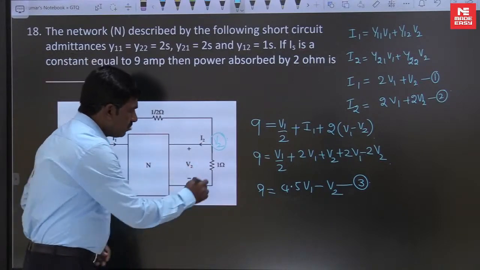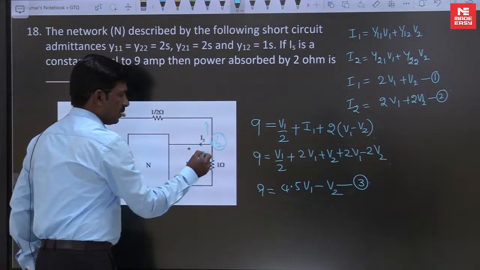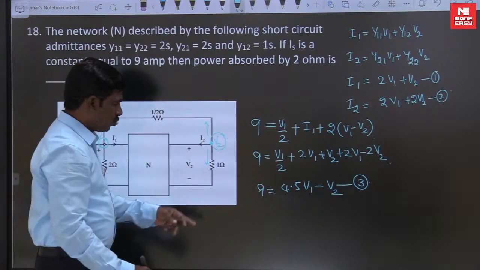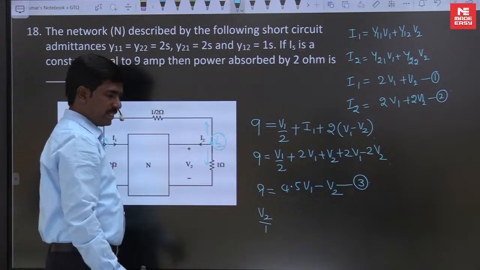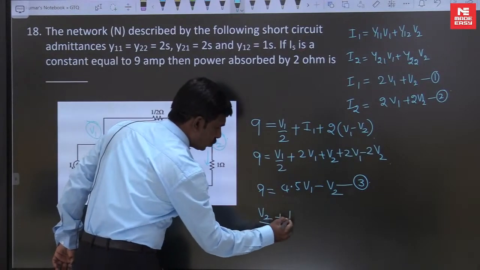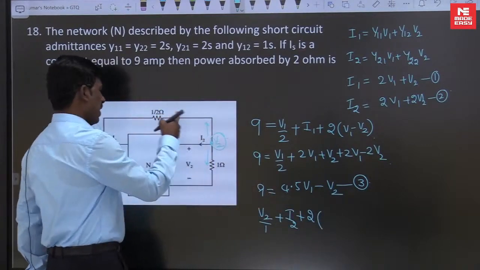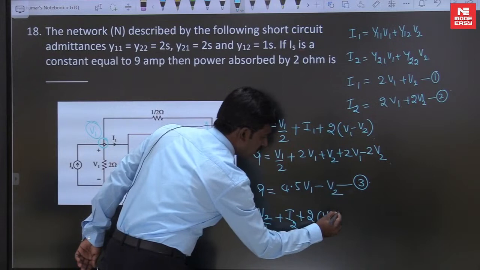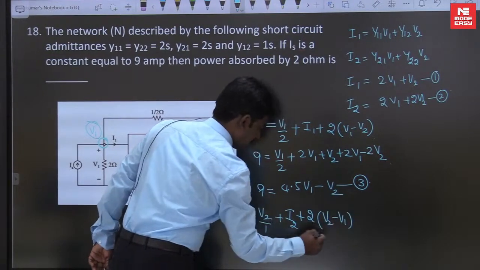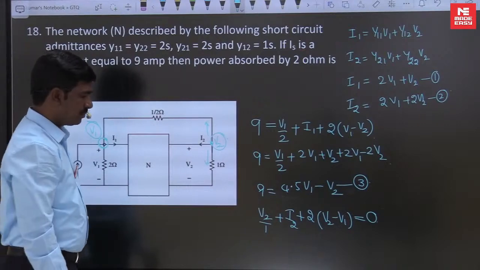Now write the equation at the second node. Outgoing currents: V2 by 1 plus I2 plus 2 into V2 minus V1 by 1 by 2, which is 2 into V2 minus V1, is equal to 0. No incoming currents.